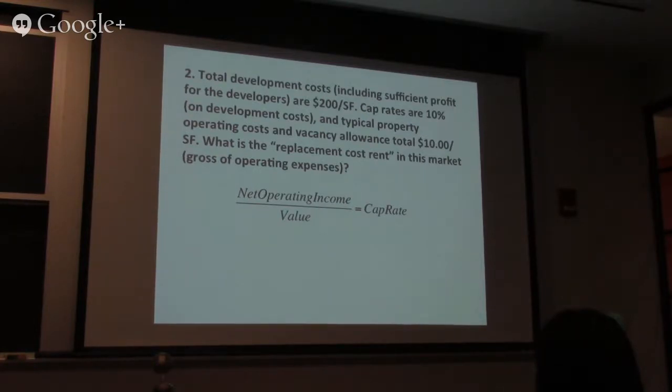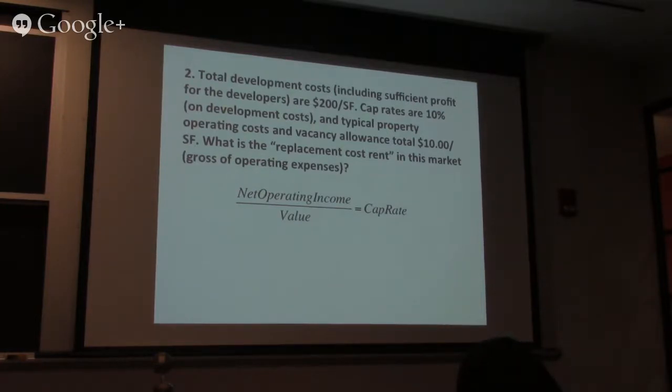Because replacement rent is gross of operating expenses, and I think the $10 a foot says that's an operating expense. Remember, you have gross and net replacement rent. Go 30. I'm going to take the over now. So we've got 10, 20, and 30.